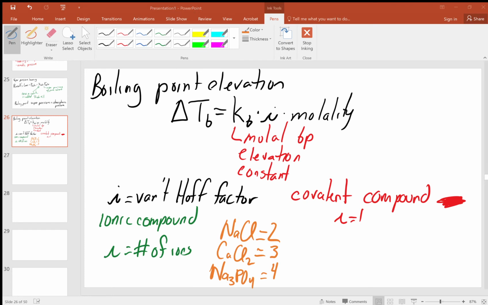Alright, so let's look at a sample calculation of this to see where something like this matters. Well, here's one place where this might matter, and let's see if it does matter.